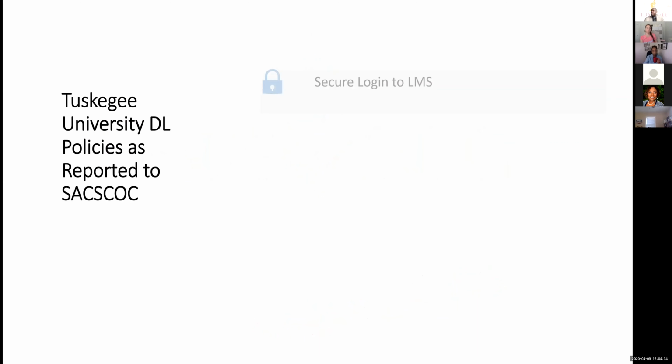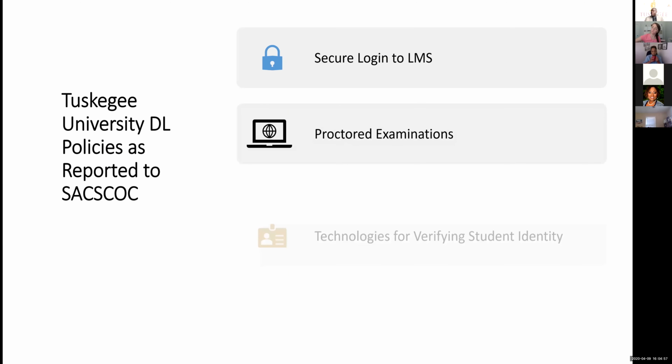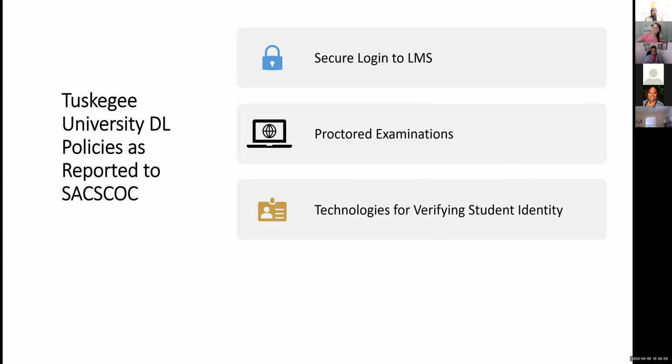So the first three policies we're going to discuss are related to student identity verification. The first one is a secure login to an LMS, and the second is proctored exams, technologies verifying student identity, and related practices.